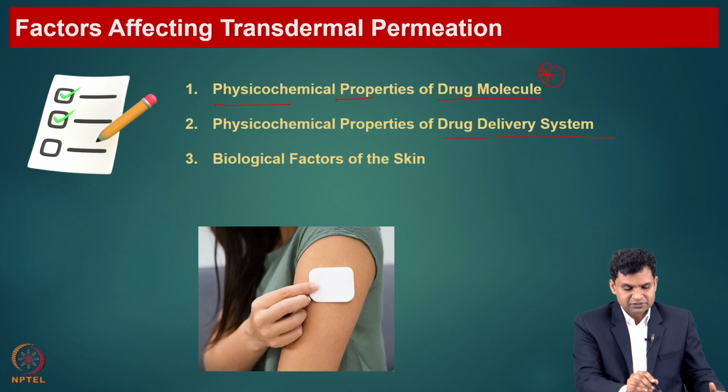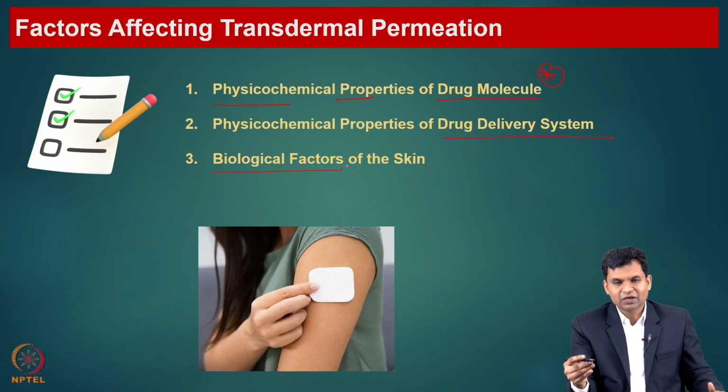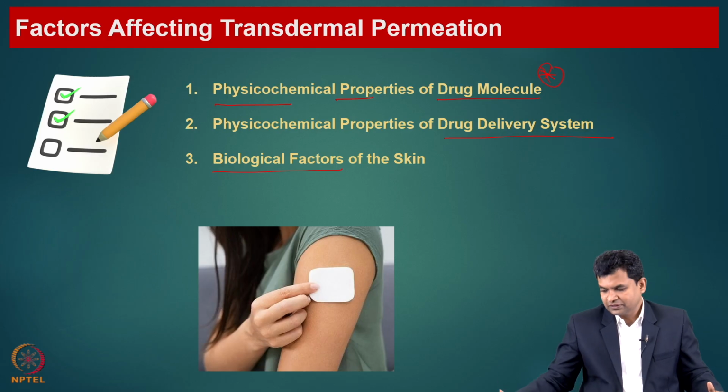The third one is the biological factors, or you can say the physiology or pathophysiology, the pathological conditions of the skin. These three factors are majorly important for transdermal permeation.